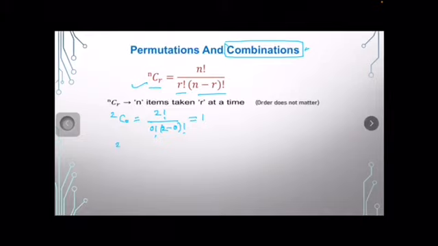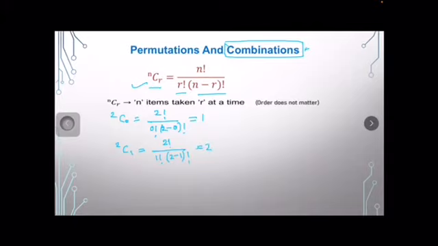Similarly you can calculate 2C1. 2C1 is 2 factorial upon 1 factorial and 2 minus 1 factorial. That will give you 2.